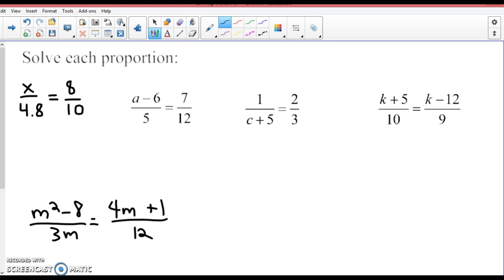To solve a proportion, you do what? Who thinks they know how to solve a proportion? Anybody know? You cross multiply. To solve a proportion, you cross multiply. So, what is x times 10?